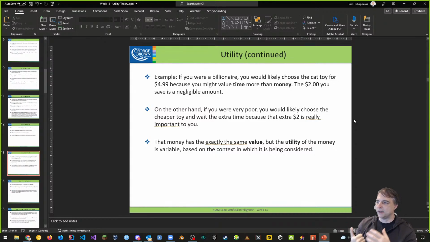So that money has the exact same value, the measurable quantity is the same, but the utility of the money is variable based on the context in which it is being considered. So money for a billionaire is negligible, like we say, for someone who's got a lot of it, but for someone who needs it, they can wait, right?